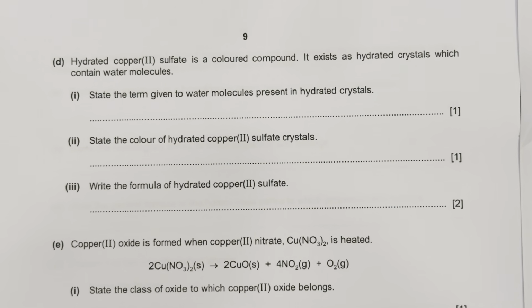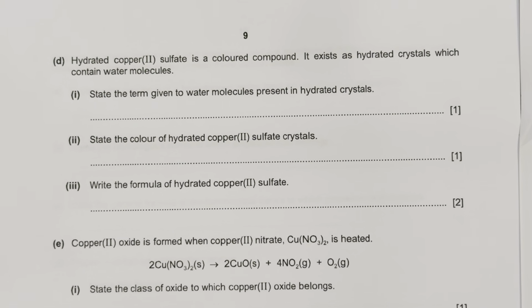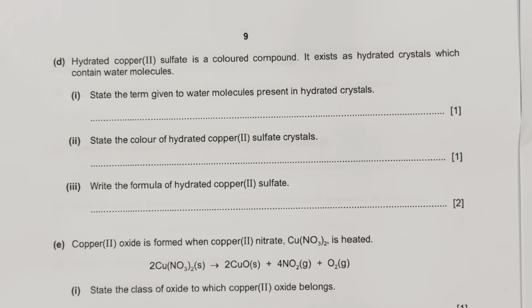Next part, D part, is that hydrated copper sulfate is a colored compound, CuSO4.5H2O. It has a color of blue, that is also called blue vitriol, that is a poison. Okay, now we read the rest of the question. It exists as a hydrated crystal which contains water molecules.